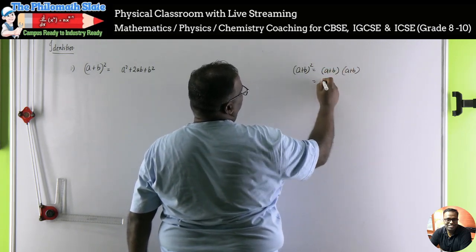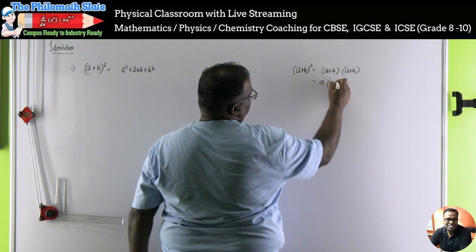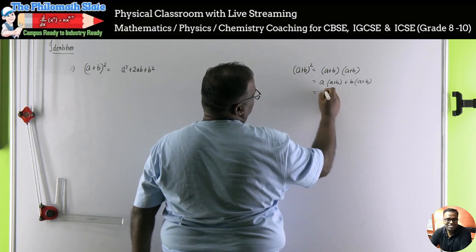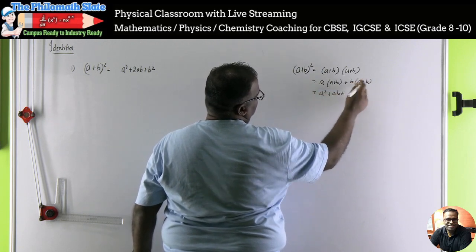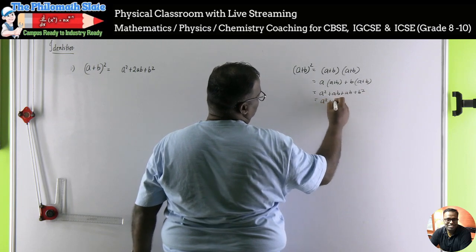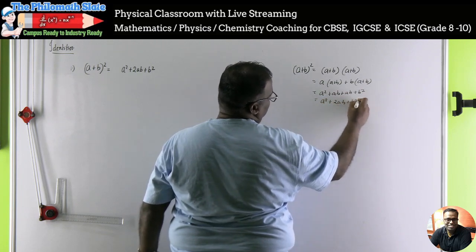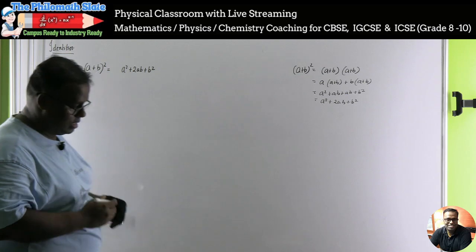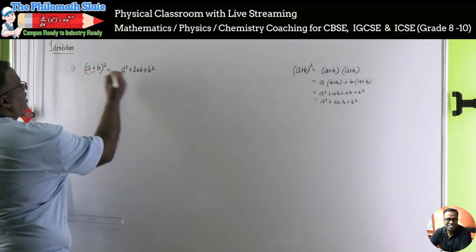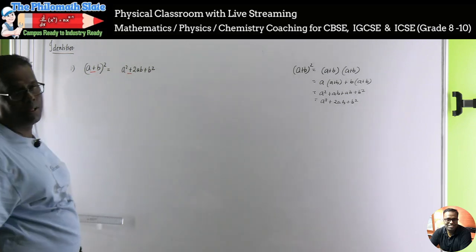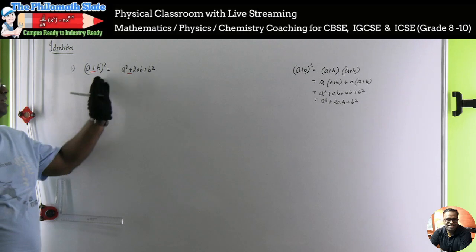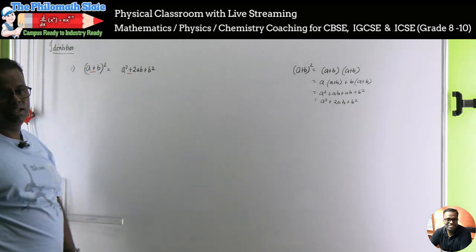So again use mono bino, a into a plus b into a plus b. This is a square plus ab, then a into b, another ab plus b square. So it becomes a square plus 2ab plus b square, right? And if your expression is a minus b whole square, then this term becomes minus. ठीक है, this is a simplification identity.